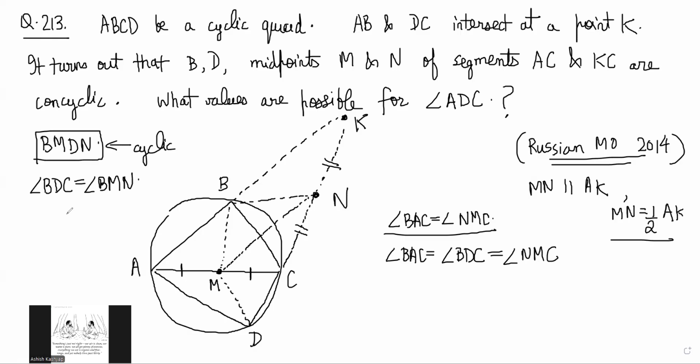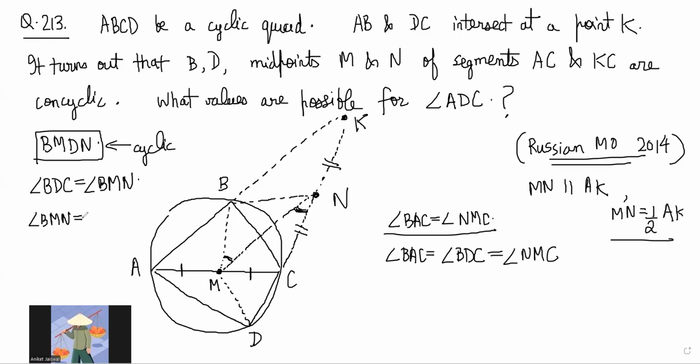Now, angle BMN, because MN is parallel to this, is also the same as this angle. Because of parallel lines, angle BMN is equal to angle MNC. One second.